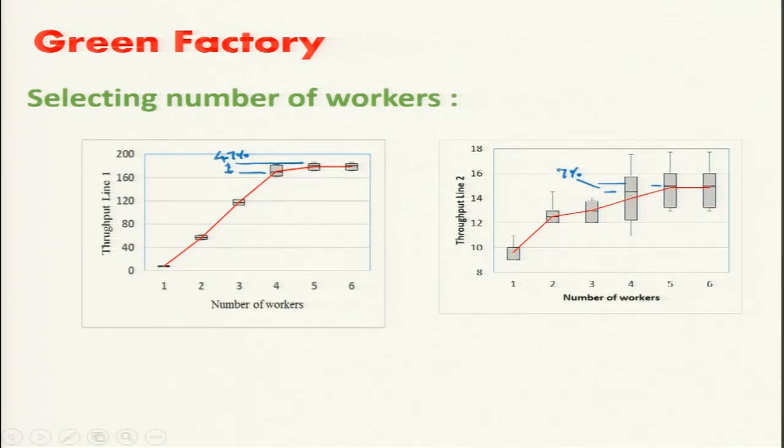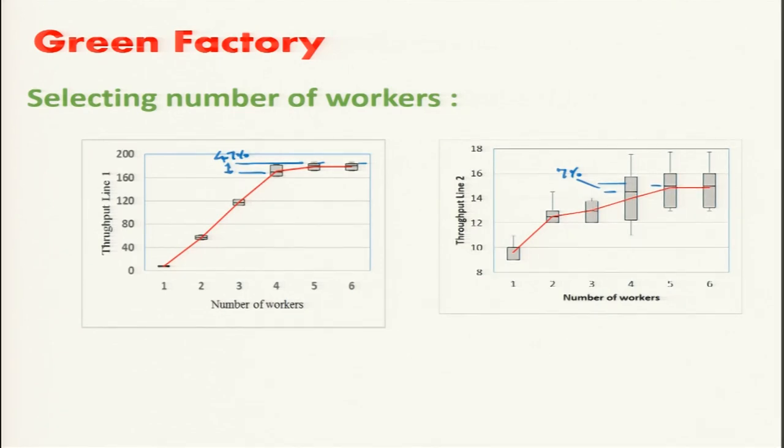You can see 5 and 6 workers are giving exactly the same throughput. With 4 workers there is a little fall, but after 4 workers the fall is quite high. It might be around 20 to 30% decrease if we get 3 workers here. So, 4 workers was the best alternative that was selected.